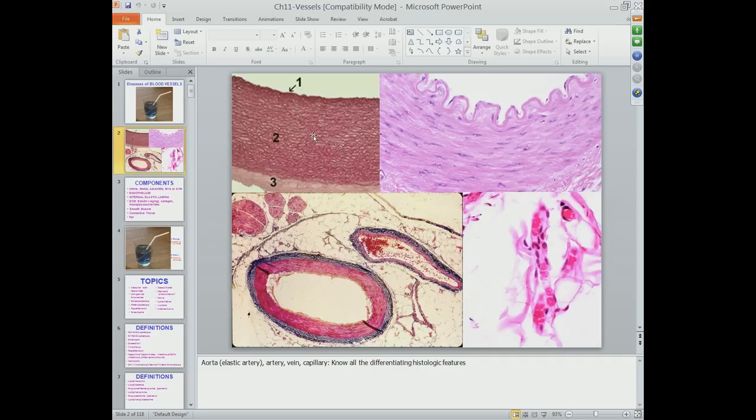The large elastic arteries, the aorta, not only do they have smooth muscle, but they have elastic fibers, which are very squiggly, and you could even see those pretty well on routine H&E stains. You don't always need a good elastic stain for it. Here is an elastic stain over here, in which you might be able to see the external elastic lamina on these arteries. But the only difference between any tubular structure in the entire cardiovascular system is how much or how little muscle there is surrounding those endothelial cells.